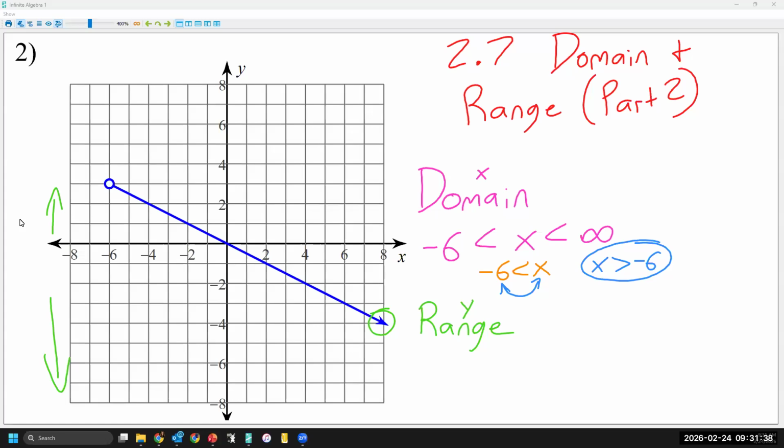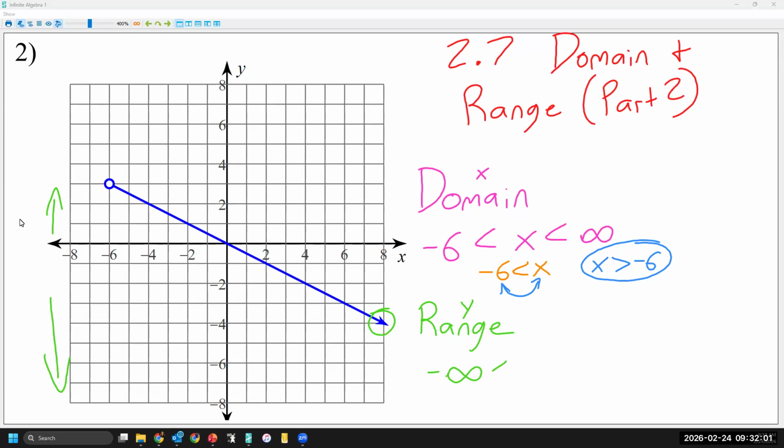And if it's going down forever, I'm going to start off with infinity. But I want to be able to tell the difference between going down to infinity and going up to infinity. So wherever we're going down or left to infinity, we put a negative to show which direction we're going.